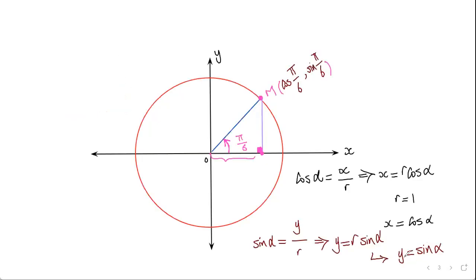Guys, I'm going to go back to this slide. The purpose of this part is that I'm going to find the numerical values for cosine of pi over 6 and sine pi over 6, which is essentially cosine of 30 and sine of 30.